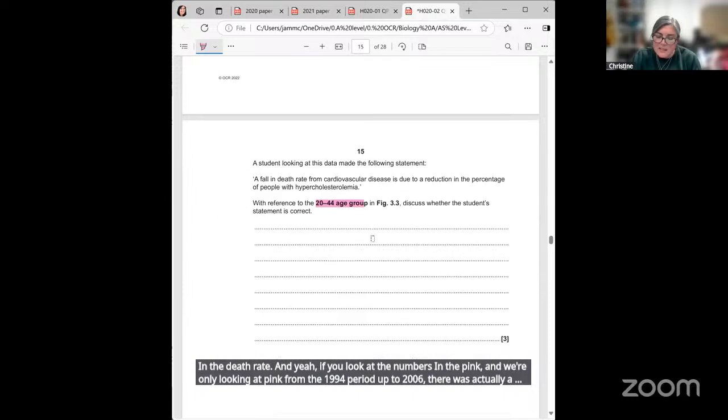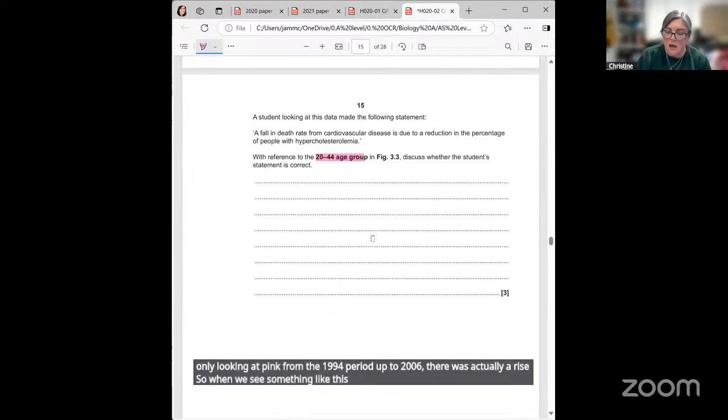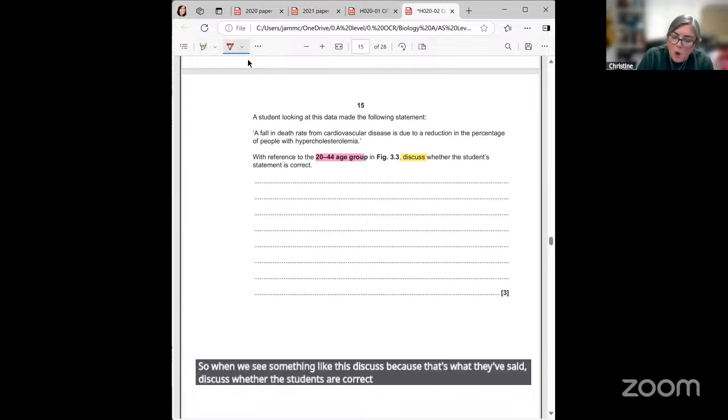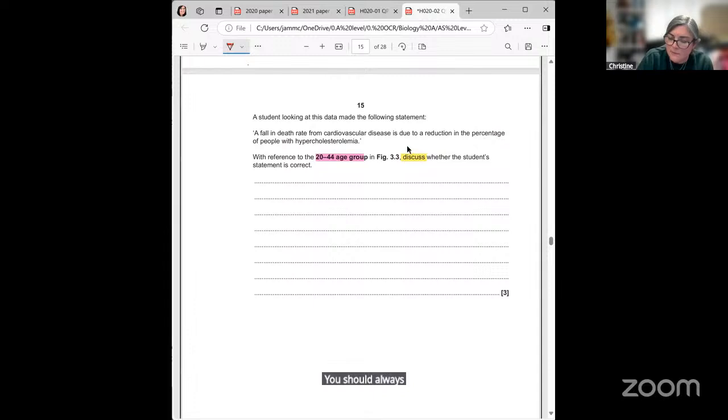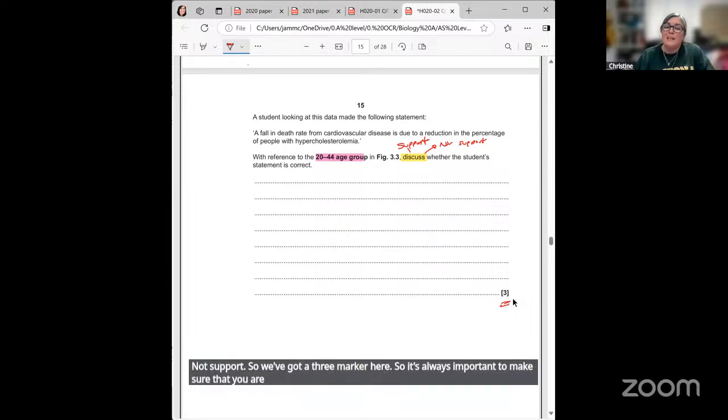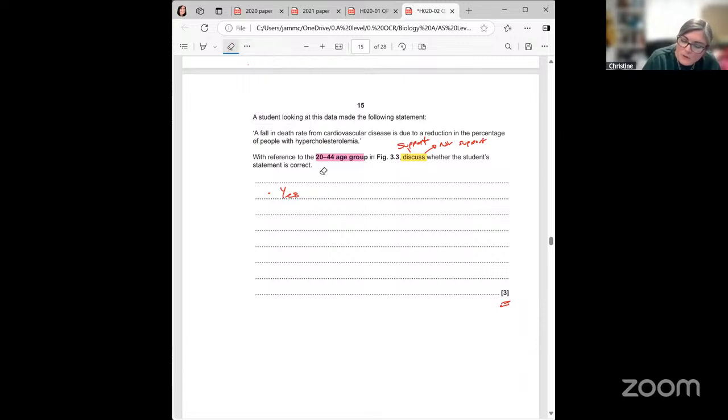So when we see something like this, discuss, because that's what they've said, discuss whether the student is correct. You should always be thinking about support and not support. We've got a 3 marker here, so it's always important to make sure that you are giving as much as you can to the question.